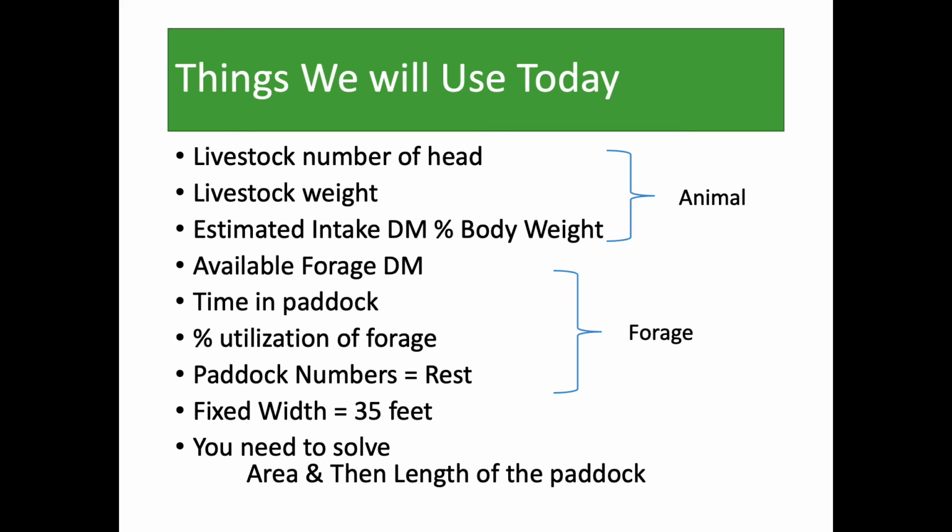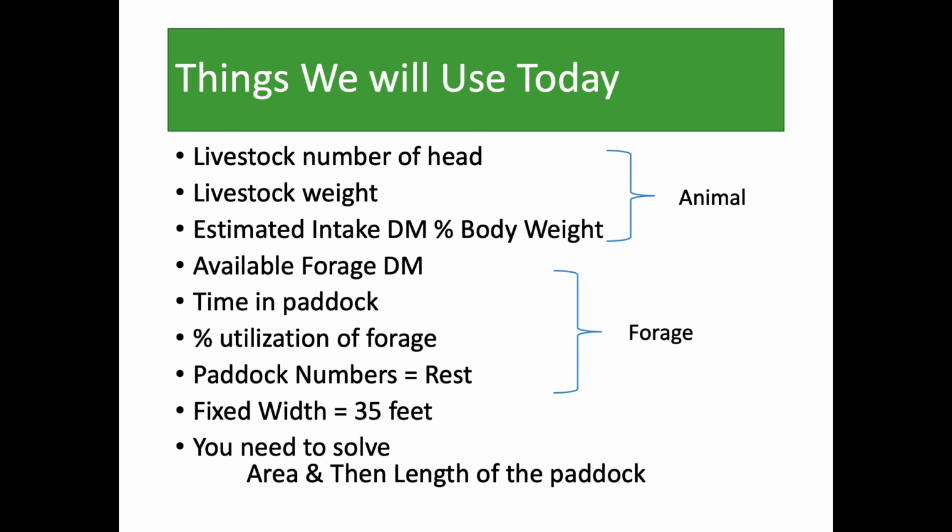We'll tell you how much available forage is out there. We'll tell you how much time they're going to spend in that paddock. We're going to give each group their target utilization rate, so yours may be different than your neighbor's. And then we're also going to give you that fixed width of 35 feet.